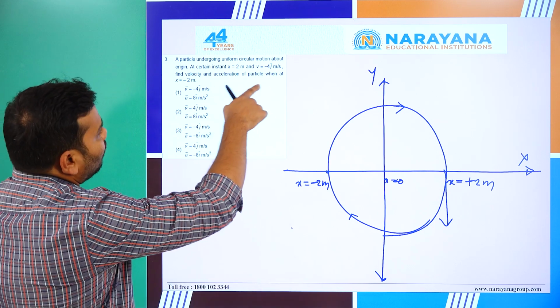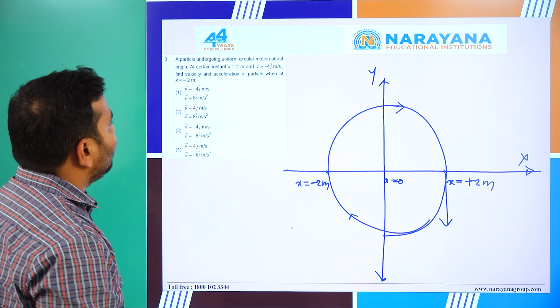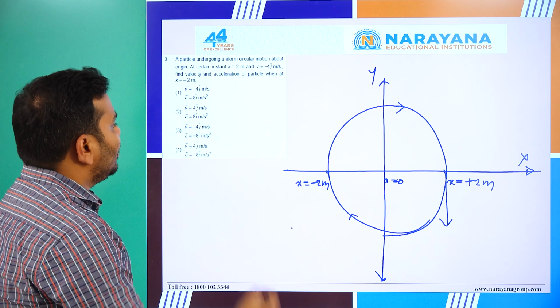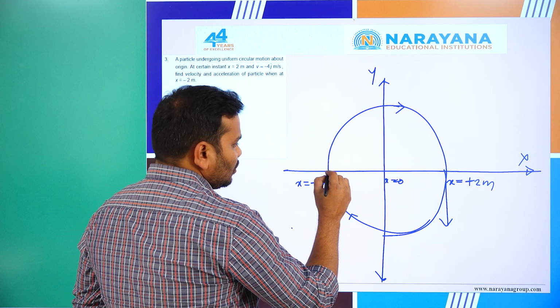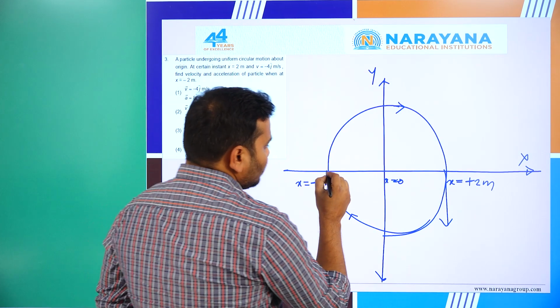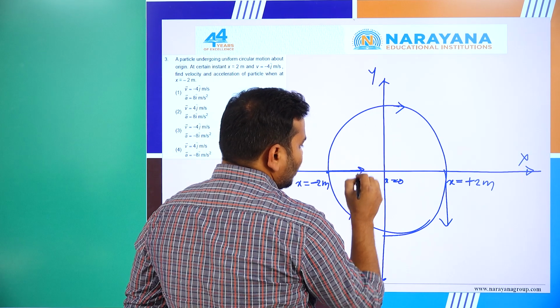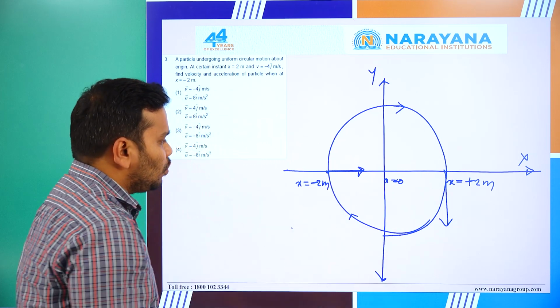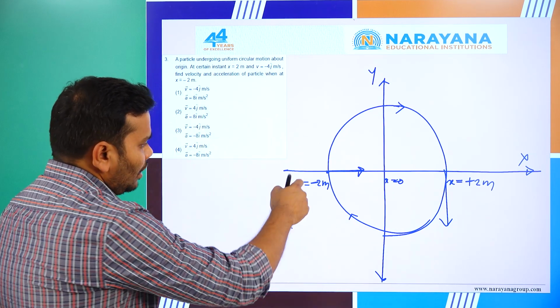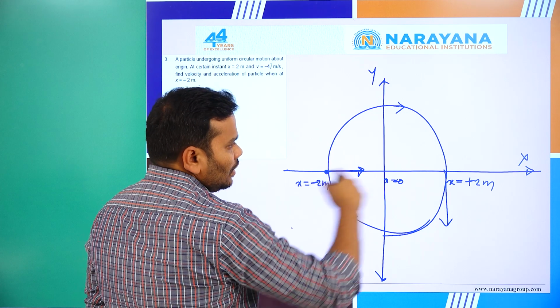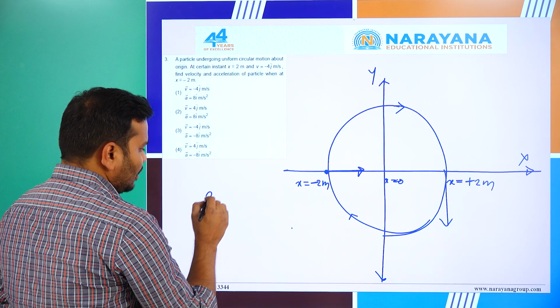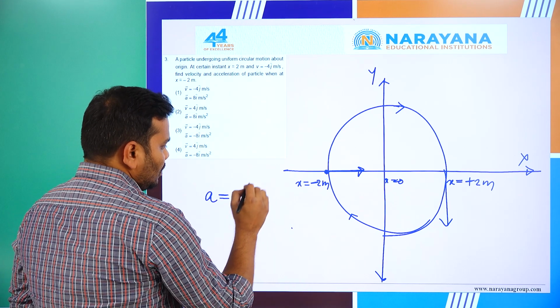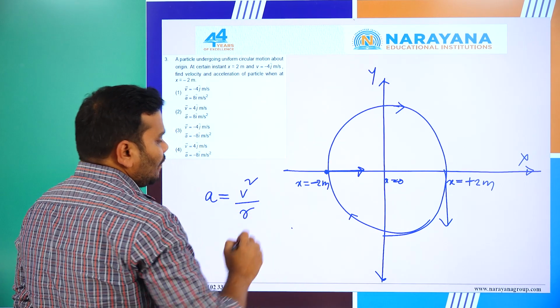What we have to find is the acceleration of the particle when it is at x equal to minus 2 meter. As it is a uniform circular motion, acceleration is directed towards the center. So at this location, the acceleration is along the positive x axis. The magnitude of acceleration is v square by radius.